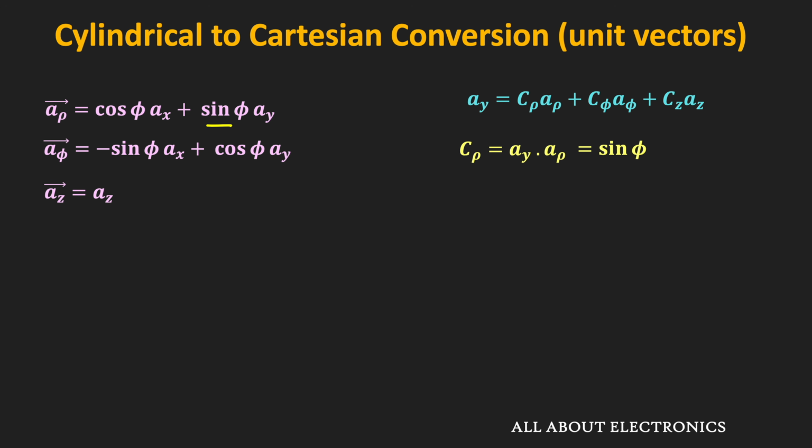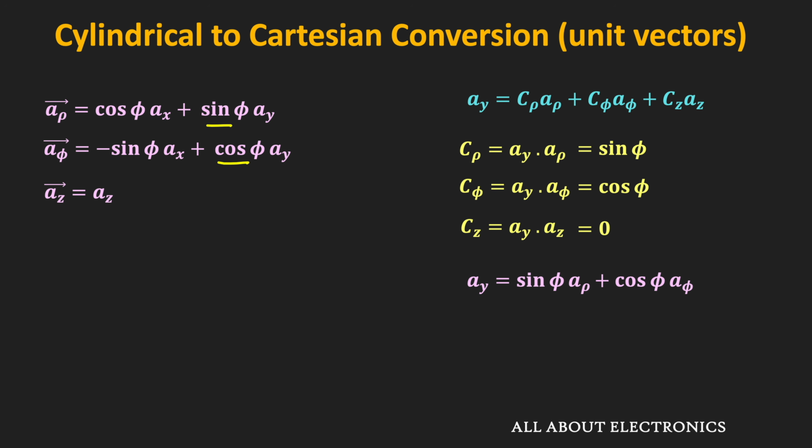Likewise, this c phi is equal to ay dot a phi, and in this case, that is equal to cos phi, and likewise this cz will be equal to 0. So we can say that here this ay is equal to sin phi times a rho plus cos phi times a phi, and in this way we also found the relationship between the unit vector ay in terms of the a rho, a phi and the az.